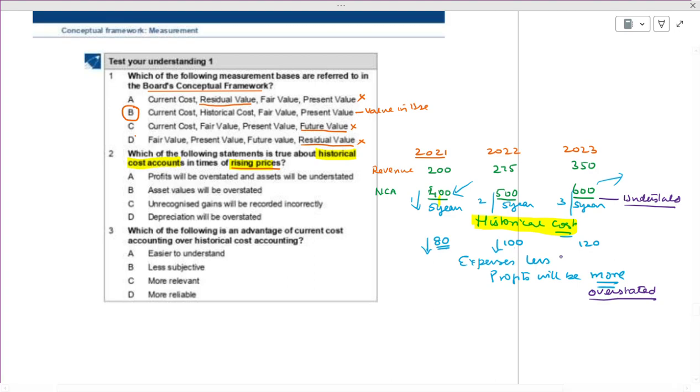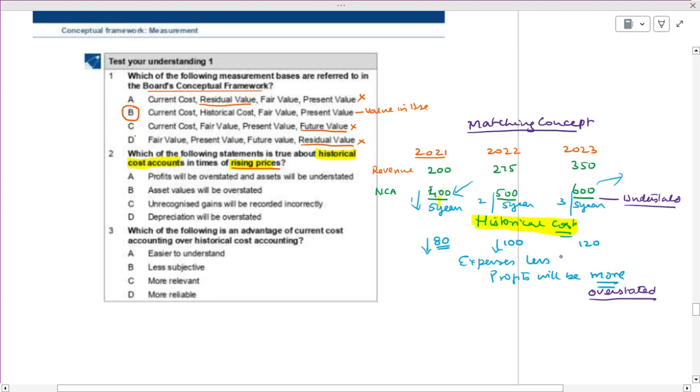We will say current purchasing power accounting, we will say current cost accounting, but wherever it's possible, we will always use historical cost accounting. It's not only affecting one, because in simple words, it is a matching concept.